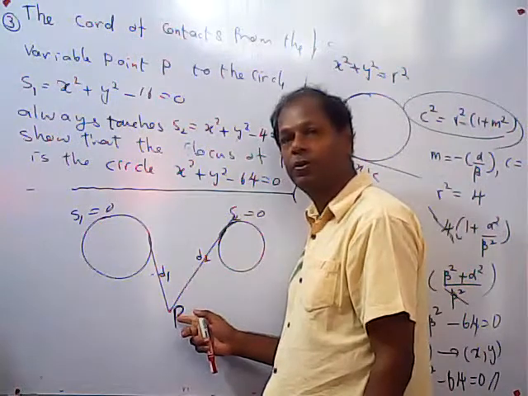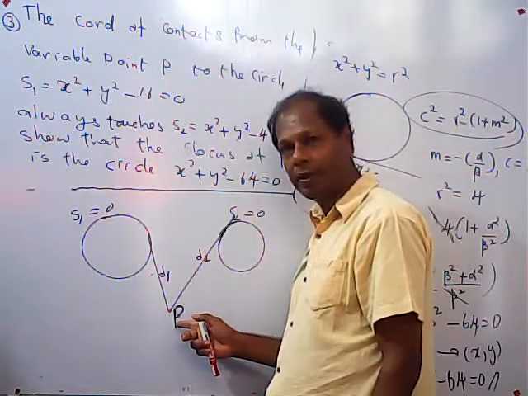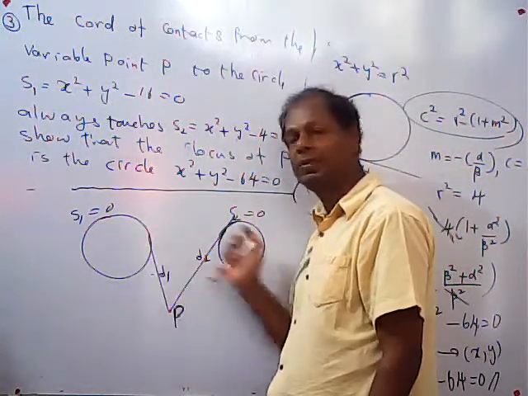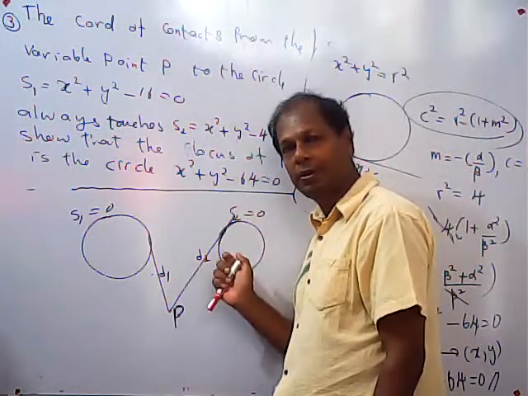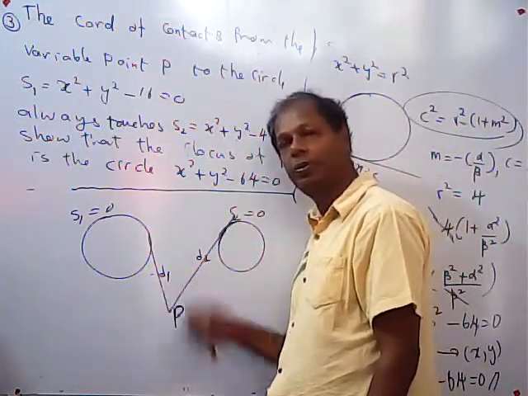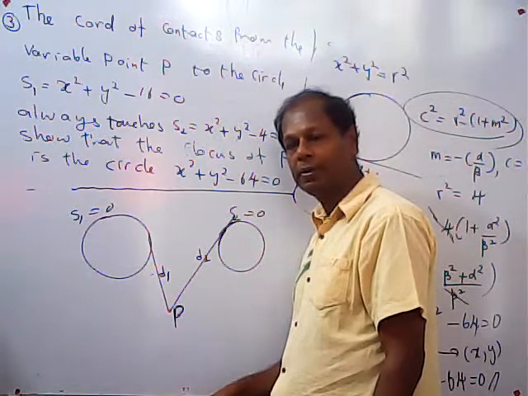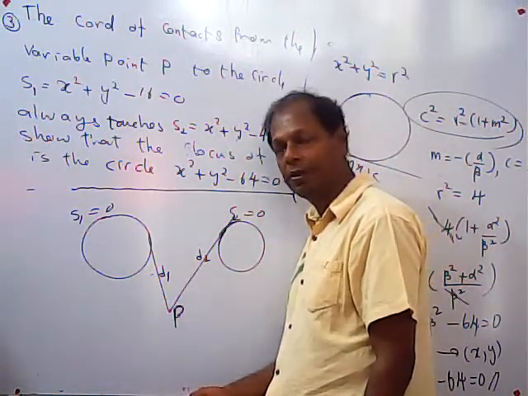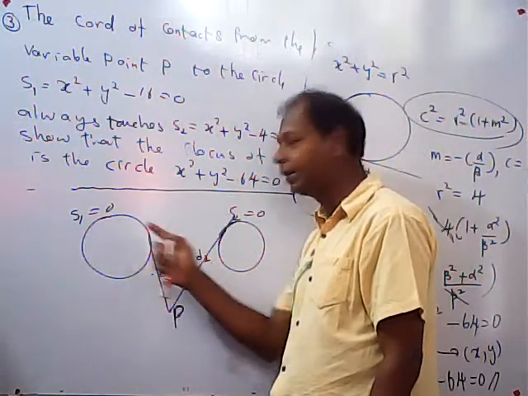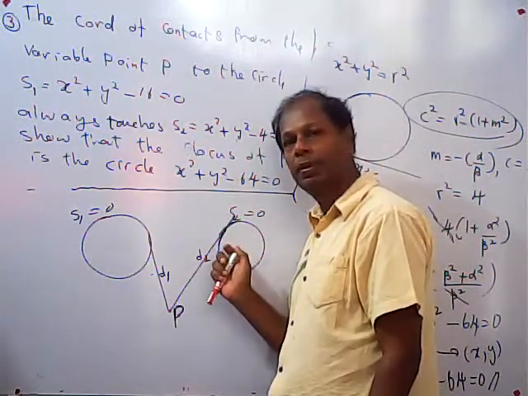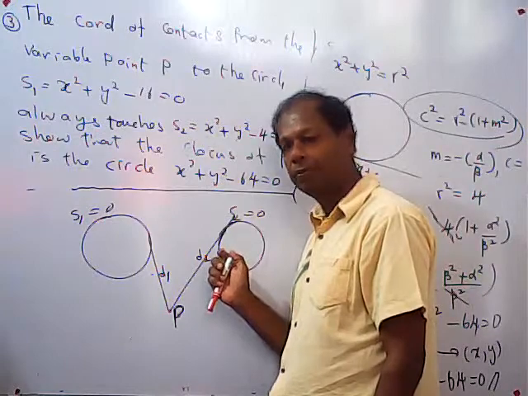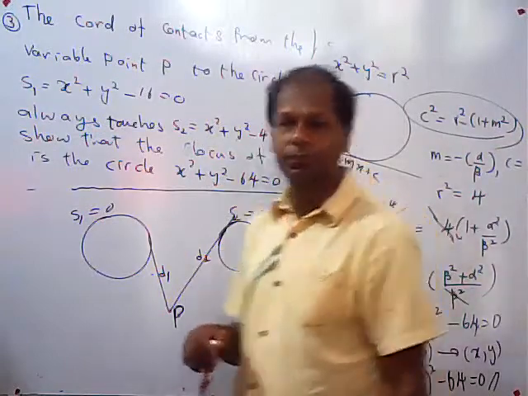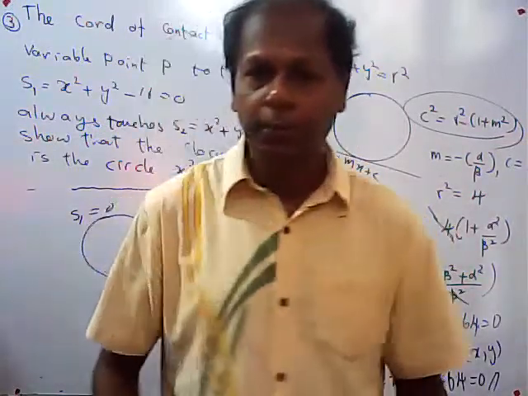The point P should travel at an equal distance to both the circles. In other words, D1 should be equal to D2. Under that condition, what is the path of P? Right? You understand it now?